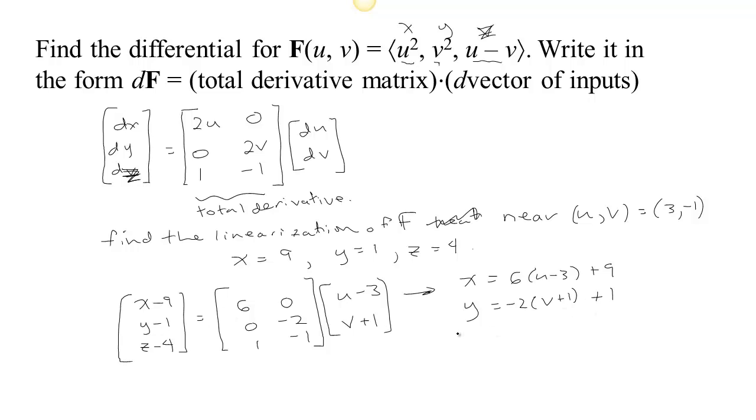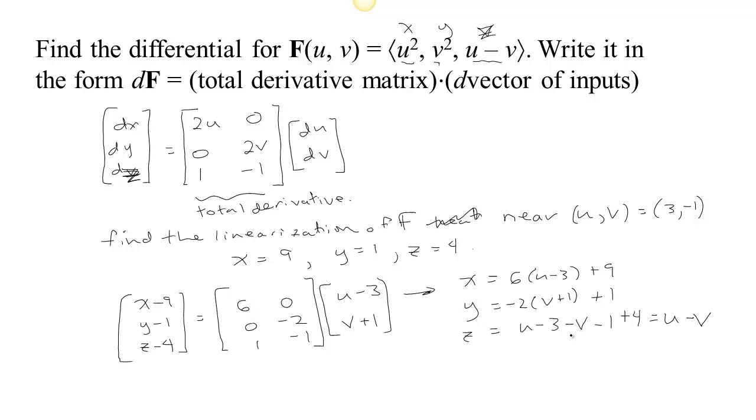And z equals 1 times (u minus 3), so that's u minus 3, minus 1 times (v plus 1) is minus v minus 1, and then plus this 4. Notice that since we have negative 3 and negative 1 and plus 4, that simplifies to just u minus v. So each of these functions is now linear.